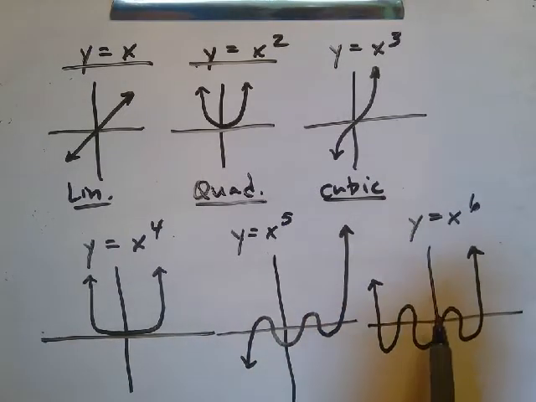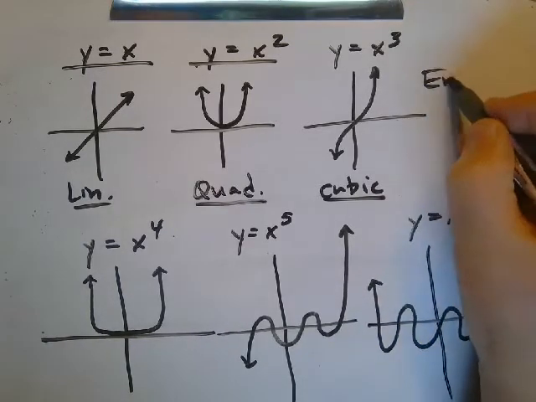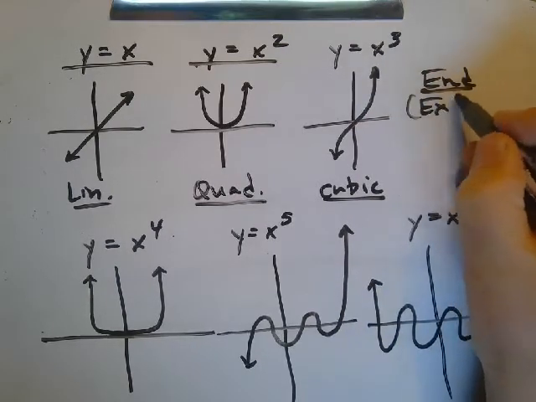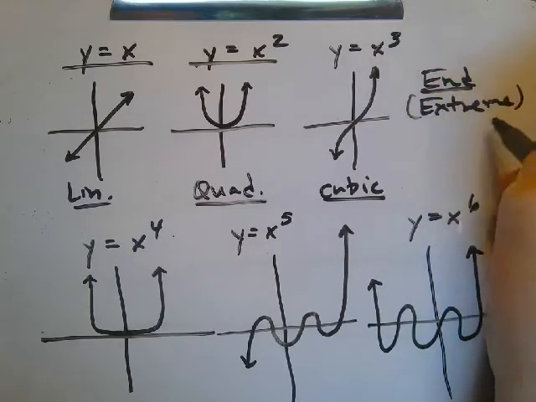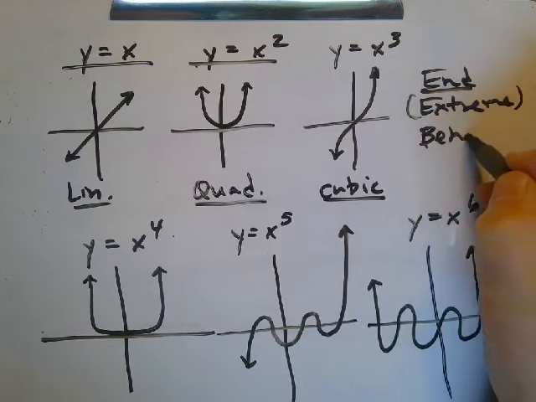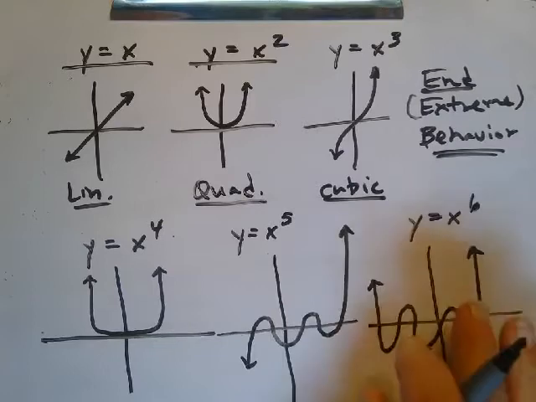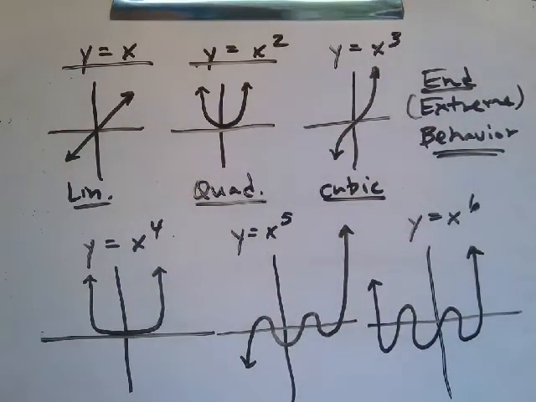This is going to be a discussion of the degree of the polynomial and also a discussion of what we call end behavior, or in some algebra books they call it extreme behavior, of the graph. And so we're going to be talking about what happens to these graphs as you go in both directions, left and right. So let's take a look at what's going to happen here, okay?